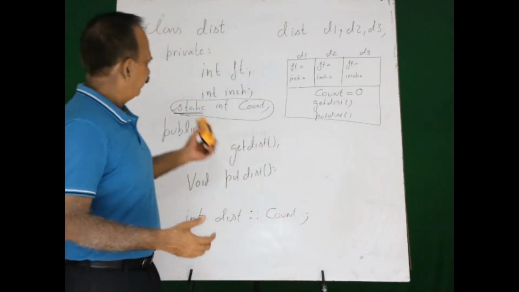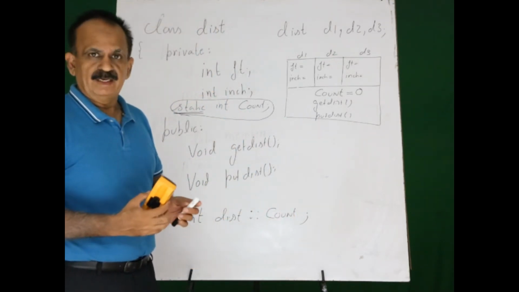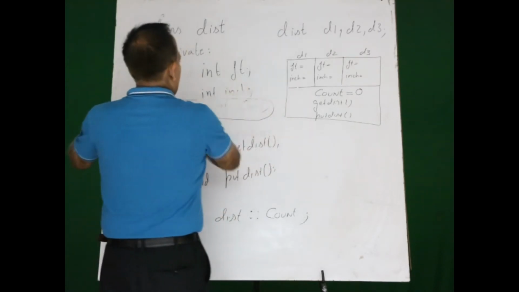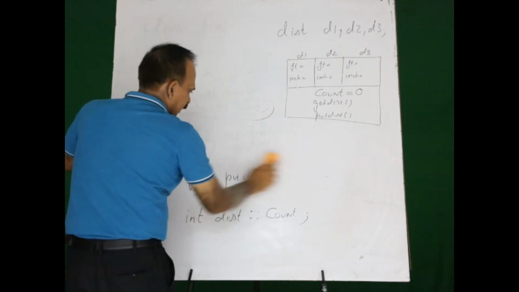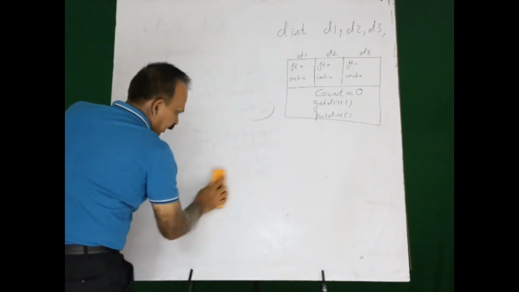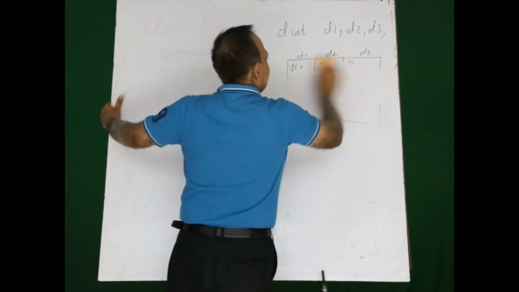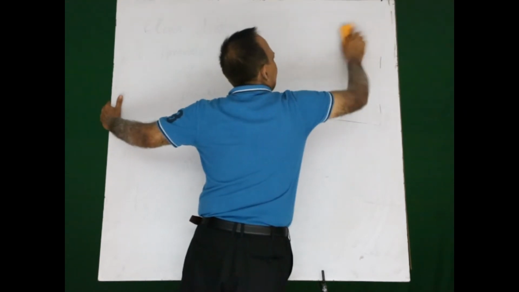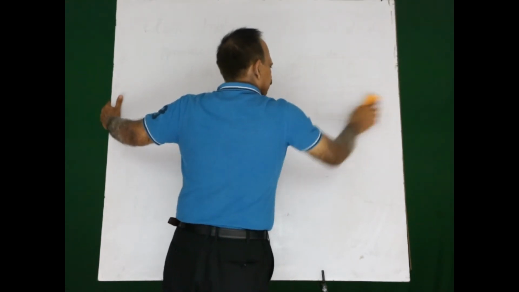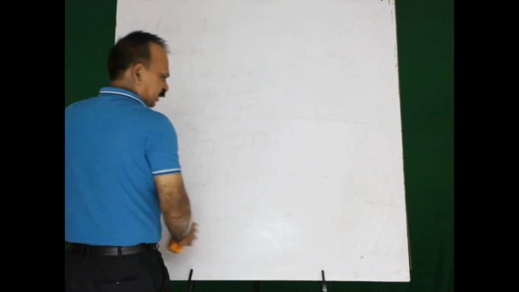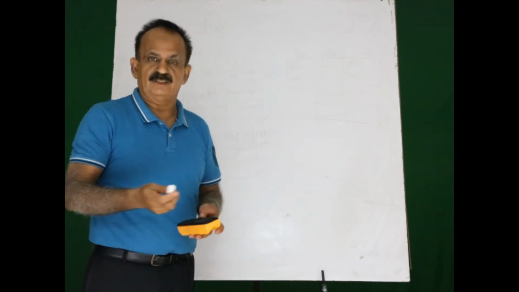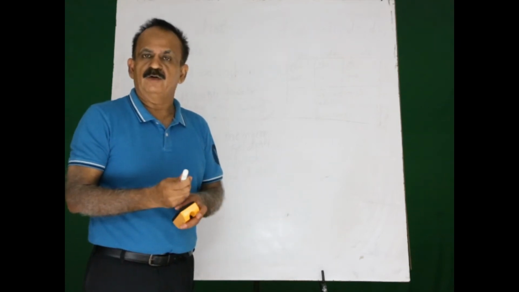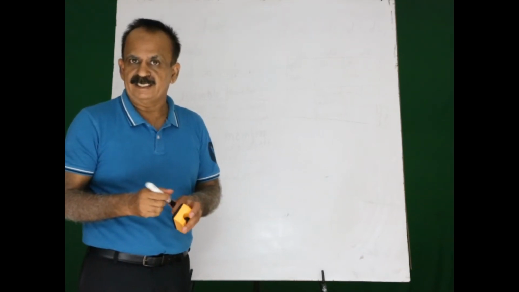Now say I complete this program, this one. The purpose is I want to find out how many times the get distance function is executed, regardless of which particular object is using it. I'm not bothered about that. I just want to find out how many times this is used, say by different objects. That means I need a static data item.